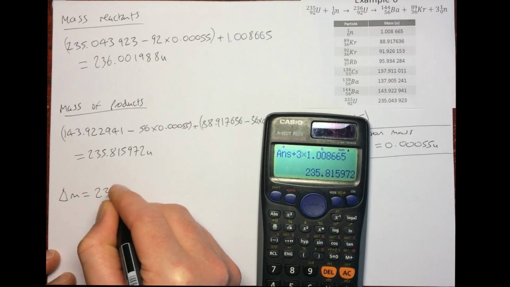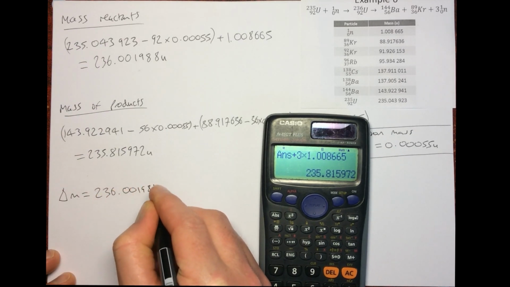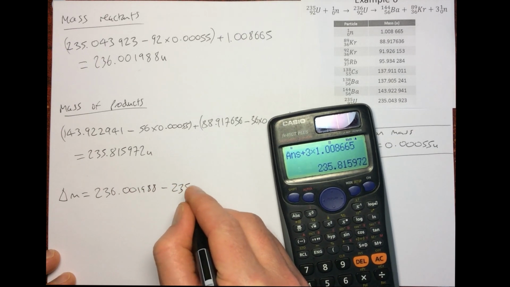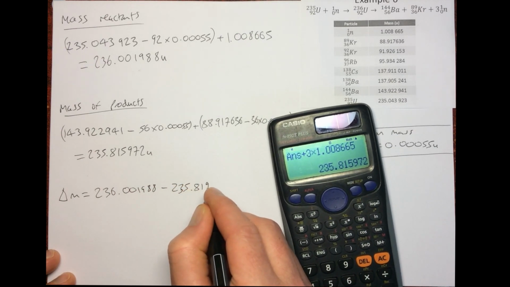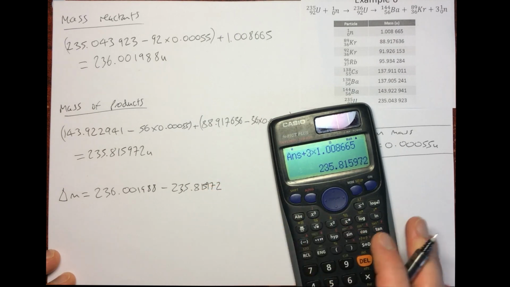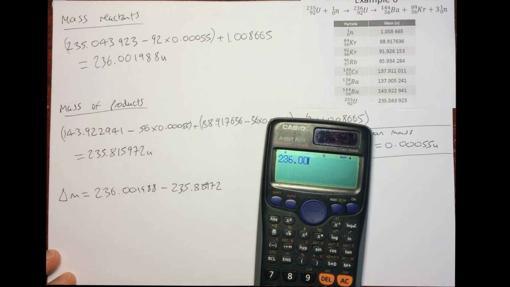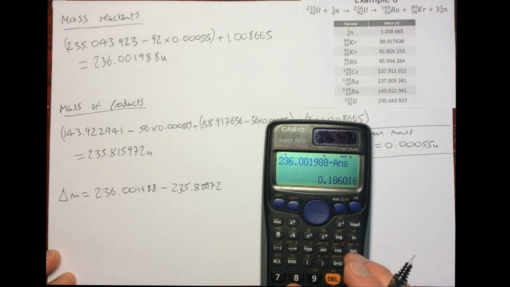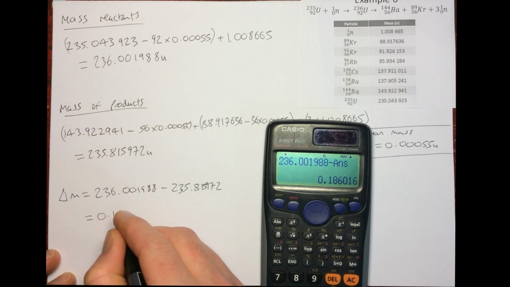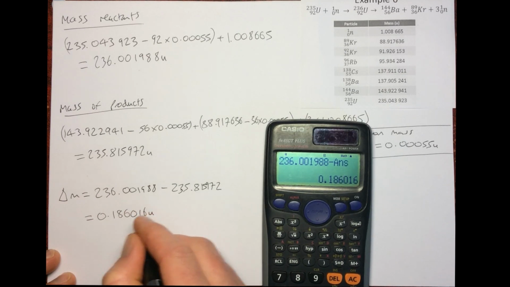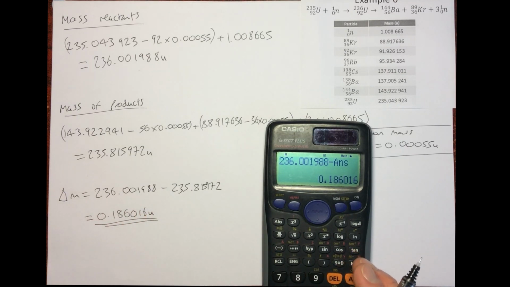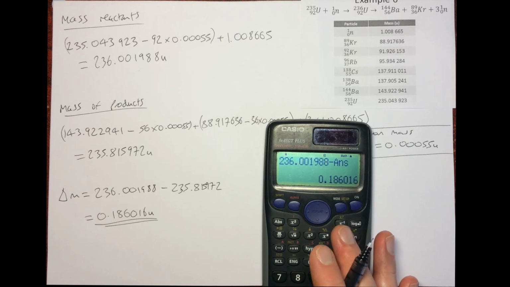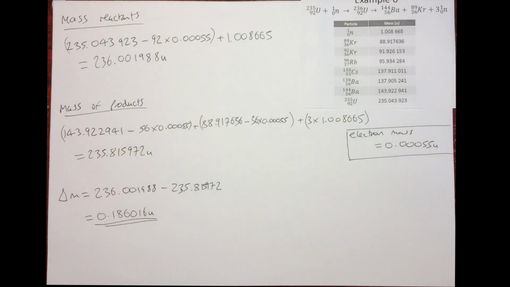So it's 236.001988 minus 235.815972, and that's going to give us an answer of 0.186 U, which, if I'm not mistaken, is exactly the same mass defect as we had when we did it without taking away the electron masses. So you can see it makes no difference.